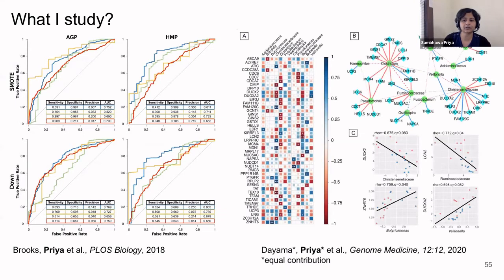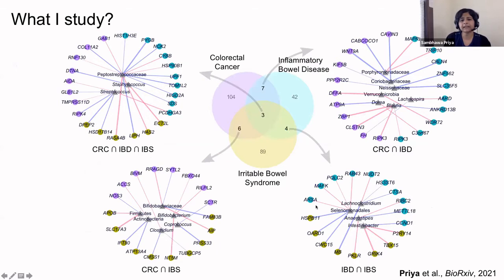Here I looked at host gene expression microbiome interactions in patients with cystic fibrosis to understand why they might be susceptible to early onset of colon cancer. And then I've also developed machine learning frameworks to identify patterns of interactions between gut microbiome and host gene expression in patients with colorectal cancer, inflammatory bowel disease, and irritable bowel syndrome.